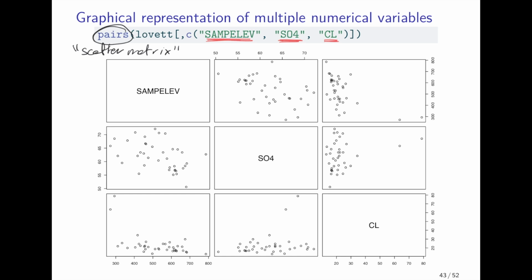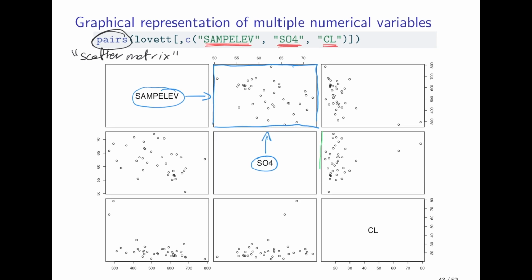So here let's look, for example, at this scatter plot. What does this represent? Well, this is a scatter plot of SO4 on the x-axis, so sulfate, and sample elevation on the y-axis.